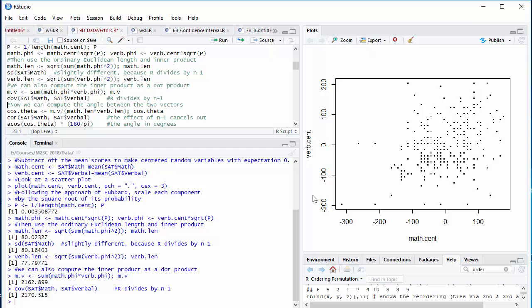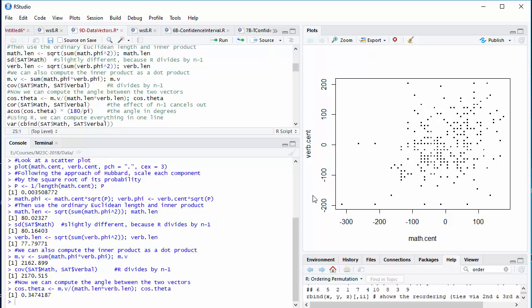I know their dot product, I know the length of each, and of course I can compute the angle between them. So the cosine of the angle between the centered math scores and the centered verbal scores is 0.35. If these were uncorrelated, the corresponding vectors would be orthogonal to one another and the cosine would be 0.